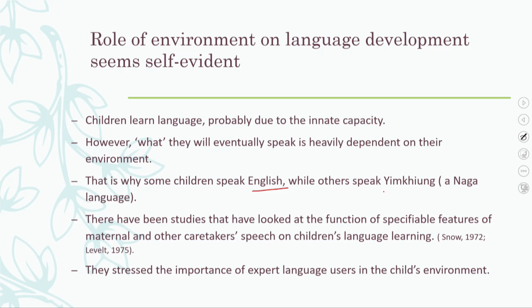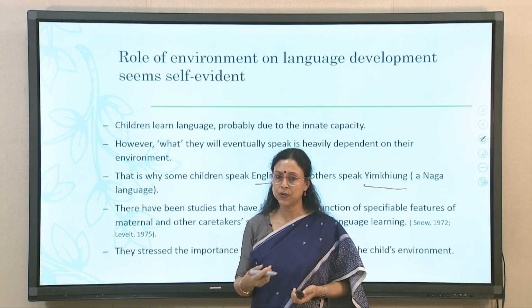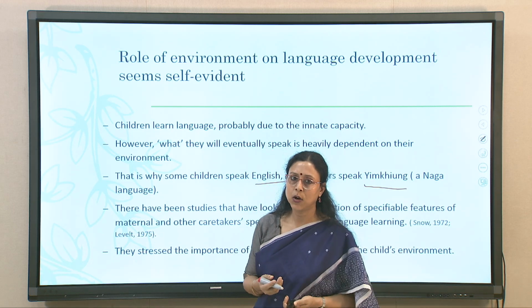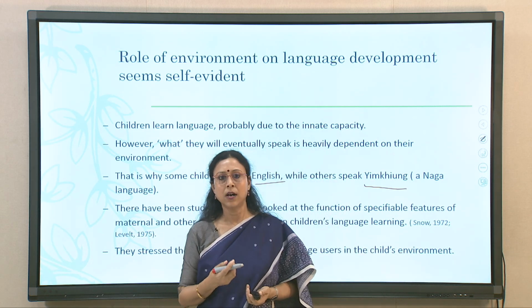Similarly, the same probability also exists for a language called Imkyung, which is a Naga language spoken in the northeastern part of India. So, the innate ability does not decide which language the child will speak. That depends on where the child is born. So, the capacity is innate, but the output, which language you will ultimately grow up speaking, depends on the environment.